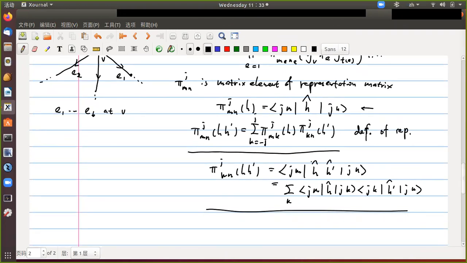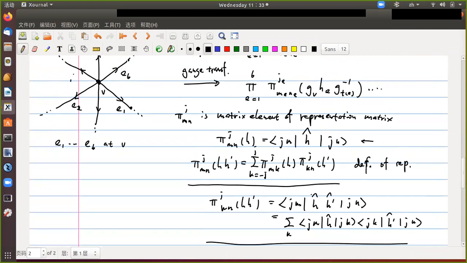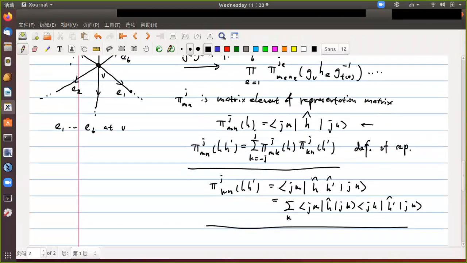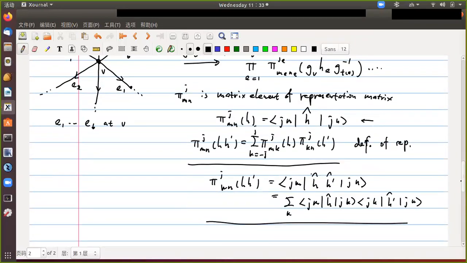Because this pi has this property, the variable for this pi is the composition of G_V, h_e, and G target.